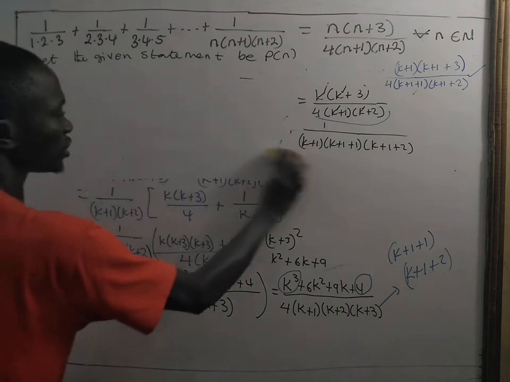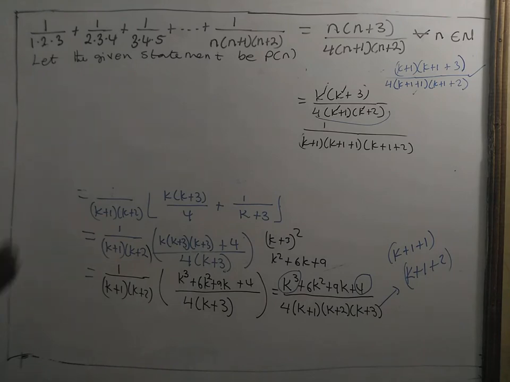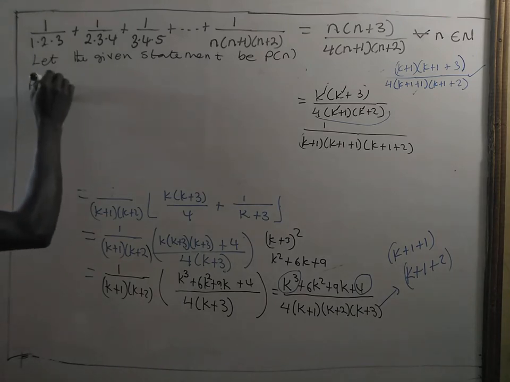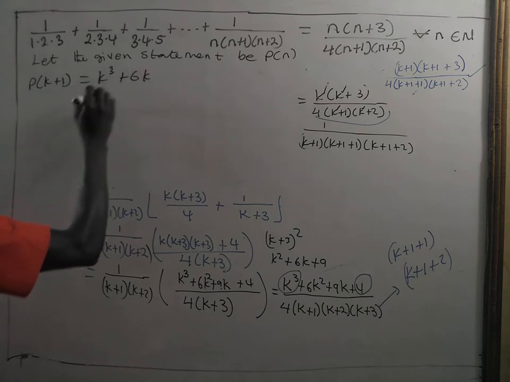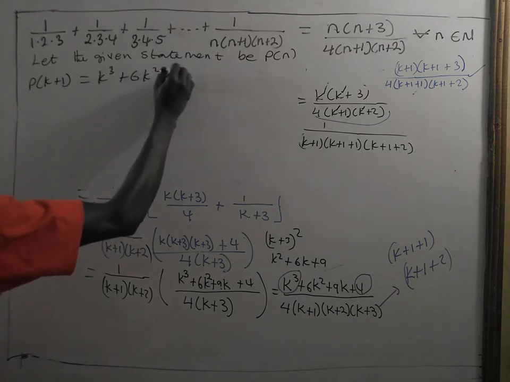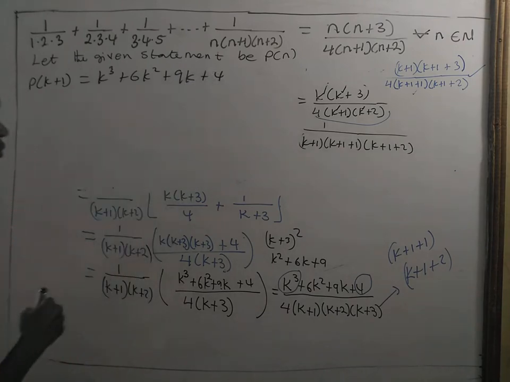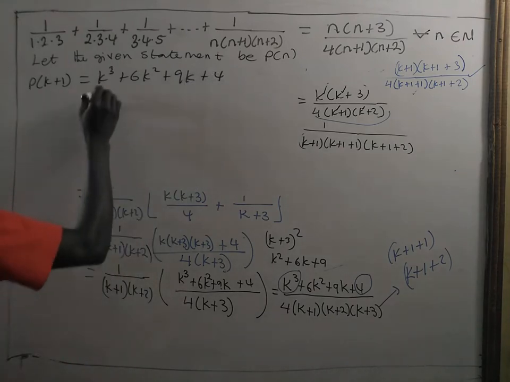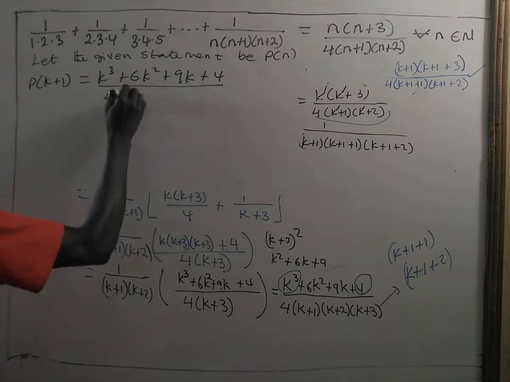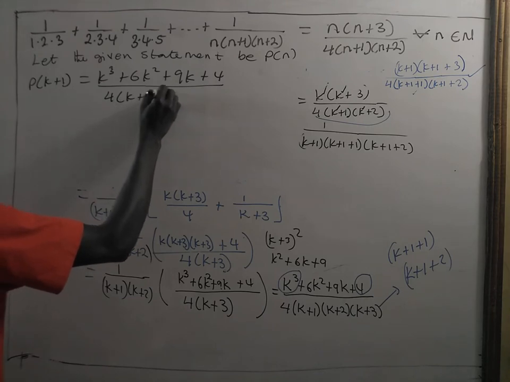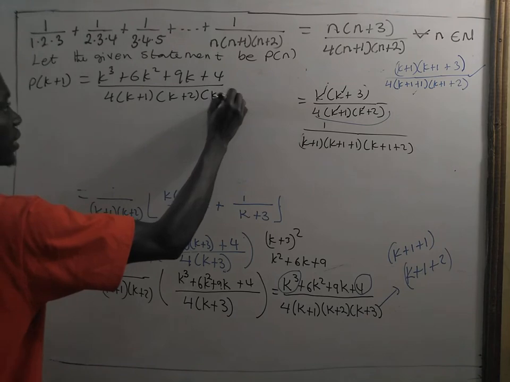We will not use the long division method. So we have pk plus 1 to be equal to k cube plus 6k squared plus 9k plus 4, all divided by 4 times k plus 1 times k plus 2 times k plus 3.